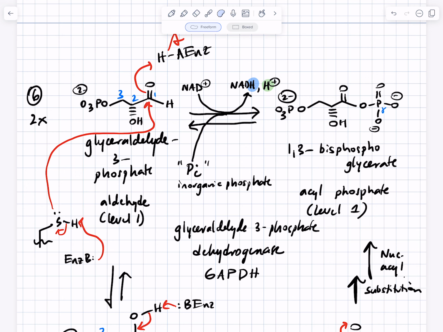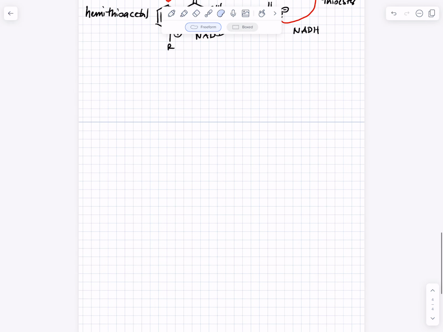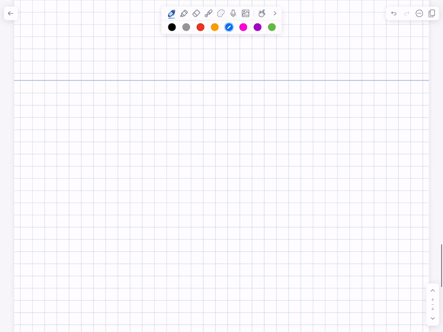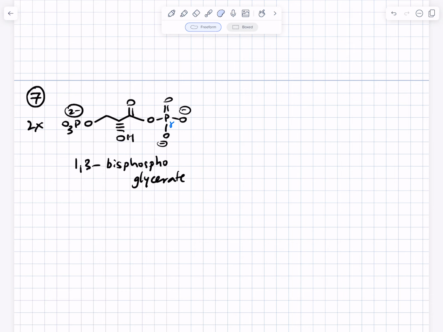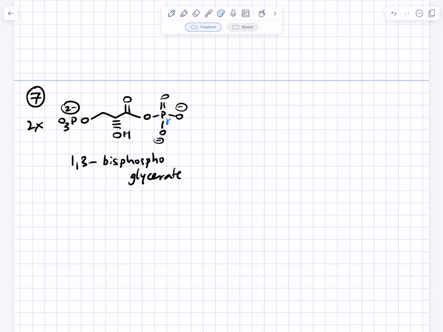All right, so in the next step, we will take 1,3-bisphosphoglycerate, and in this next step, we're going to totally recover our investment of ATP, remembering that step 7 happens twice, because for every molecule of glucose, we get 2 molecules of glyceraldehyde. So in this reaction, we're actually using ADP as a nucleophile.